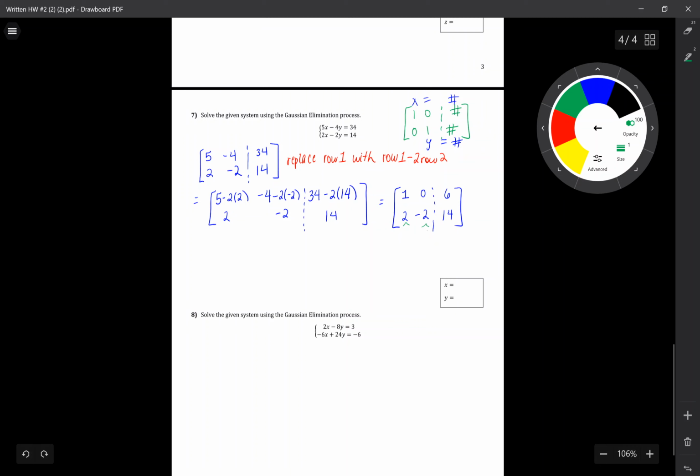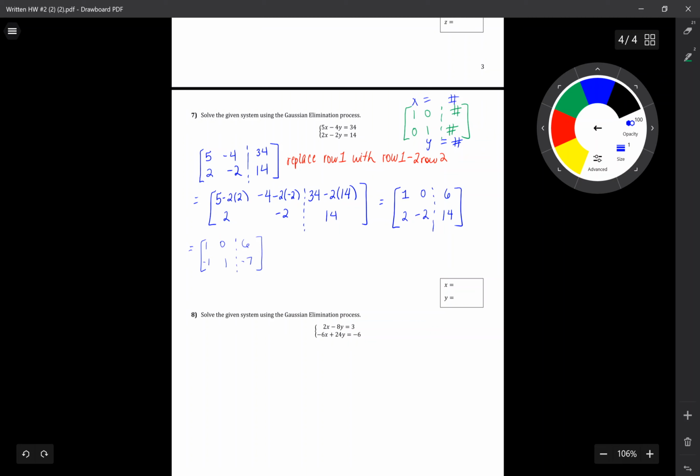So we're going to divide row 2 by 2 in order to get, you know what, actually let's divide by -2 so that I get a 1 where I want it. So I'm going to divide by -2. If you divided by 2, that's okay. Your algebra will just look a little bit different. So we have 1, 0, 6. And then if I divide row 2 by -2, I get -1, 1, and -7.